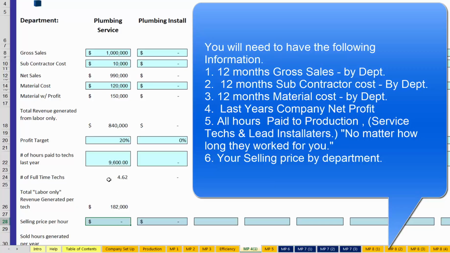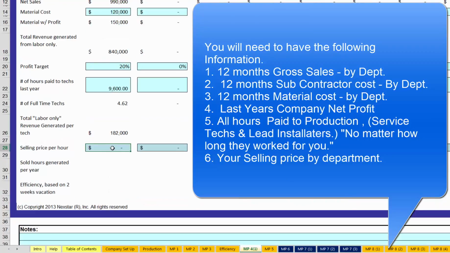So that's telling me that I've got enough work for 4.62 full-time service technicians. And my selling price was, let's say my selling price was $450. That would tell me that my efficiency, I generated 404 hours per tech.